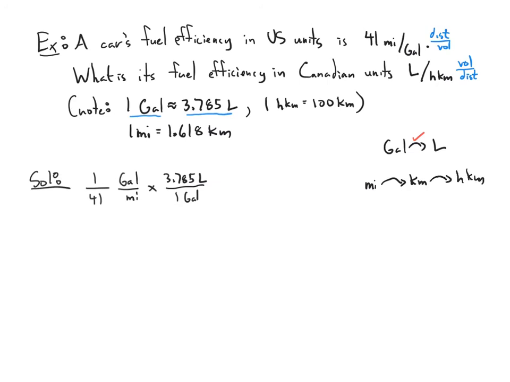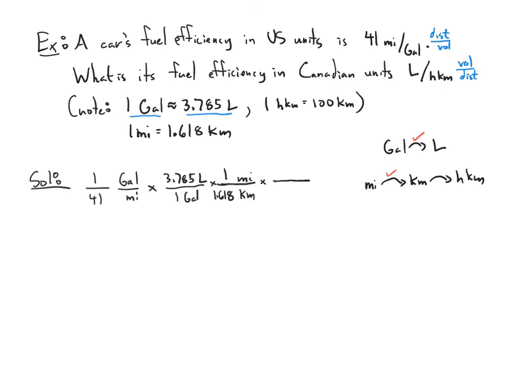So we're going to have to chain these together. I have miles in my denominator now, so I'm going to put miles in my numerator. And in my denominator goes kilometers. And I know 1 mile is 1.618 kilometers. So I did that conversion. And then finally, I need to convert to hectokilometers.